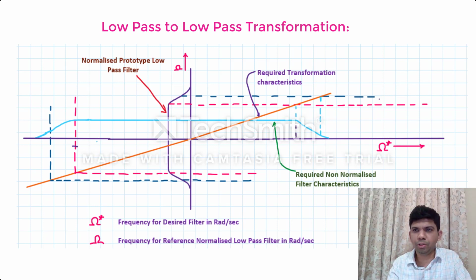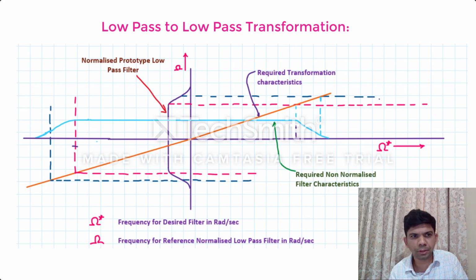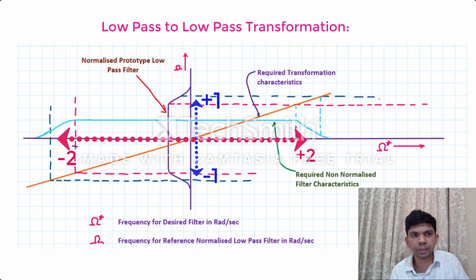Okay, let me explain how I choose the characteristics in the saffron color as the desired transformation characteristics. Let us assume the cutoff frequency of the desired filter to be 2 radian per second. So it is asking us to expand the magnitude characteristics of the normalized reference filter up to 2 radian per second from 1 radian per second.